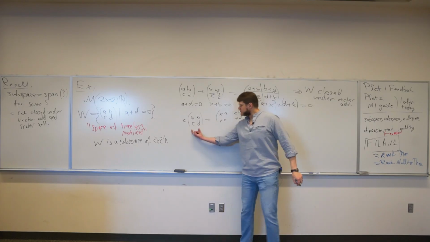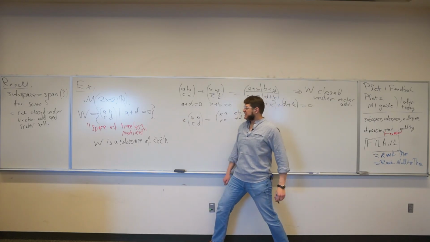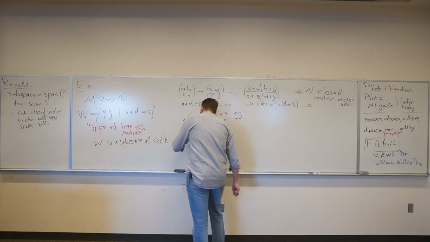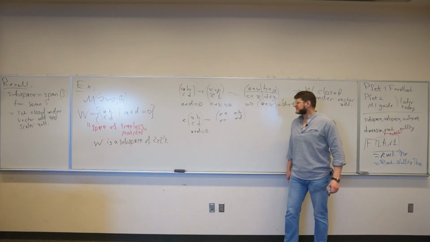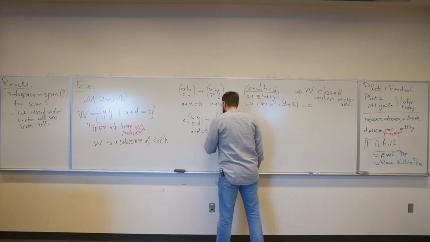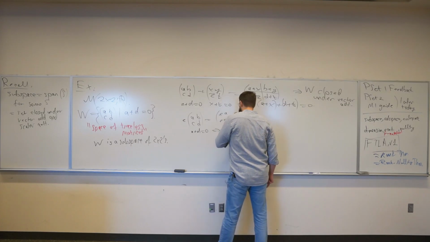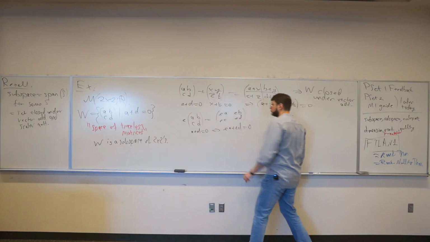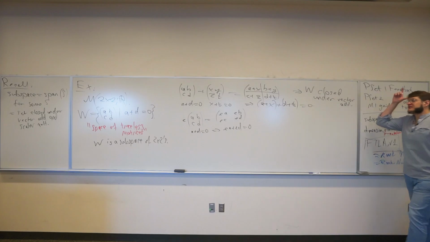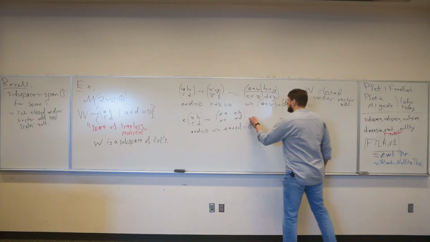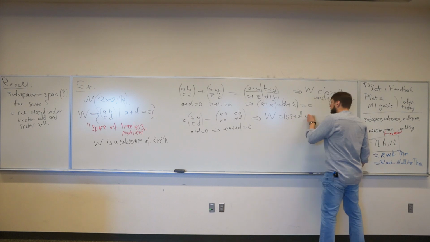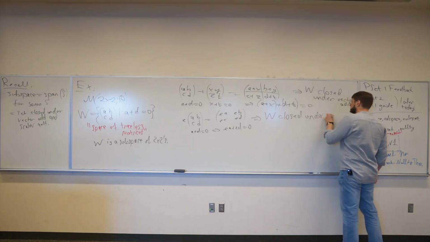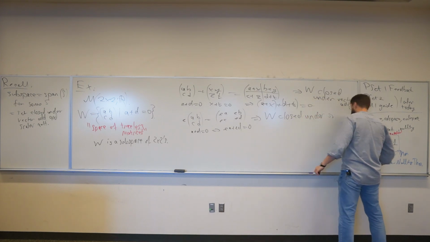But again, if I started with a matrix in W, that means that A plus D is 0. But certainly then, E times A plus E times D also has to be 0. So W is also closed under scalar multiplication.